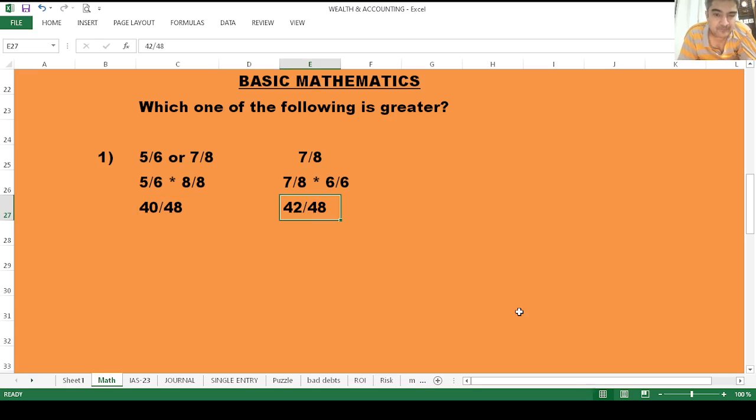So from this comparison we can see that 42 is greater than the 40, so we can safely say that 7 over 8 is greater than 5 over 6.